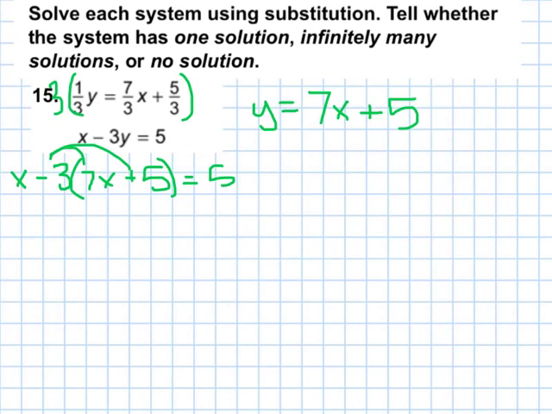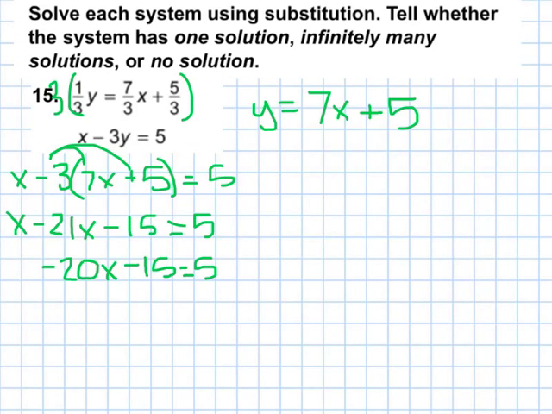We'll distribute our negative 3. X minus 21x minus 15. Remember, it's a negative 3, so we need to multiply that whole negative 3. Equals 5. X minus 21x will give us a negative 20x minus 15 equals 5.